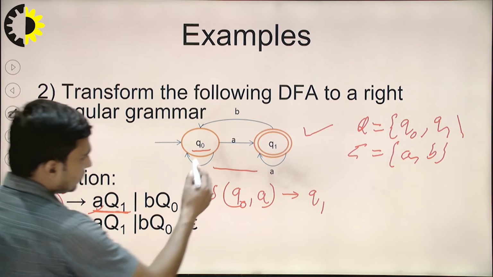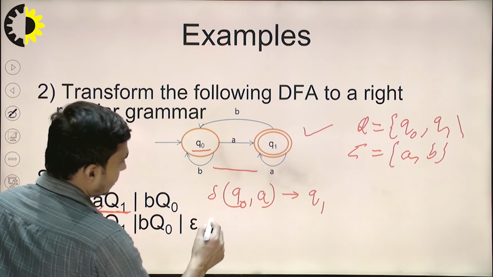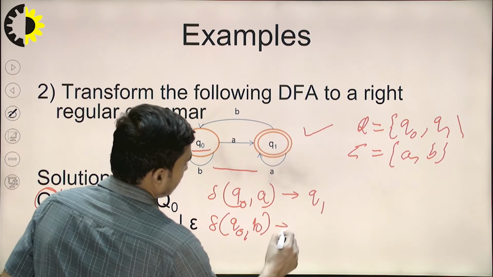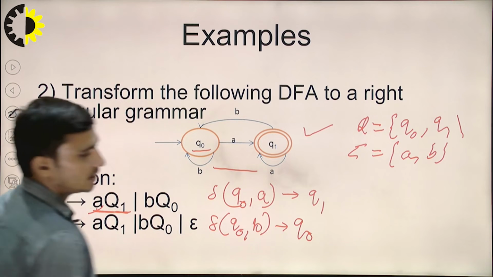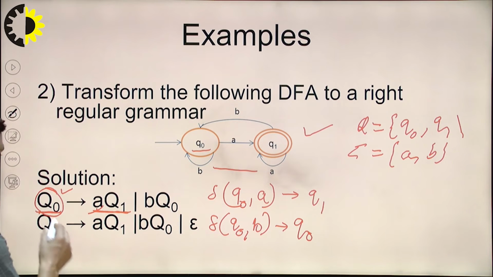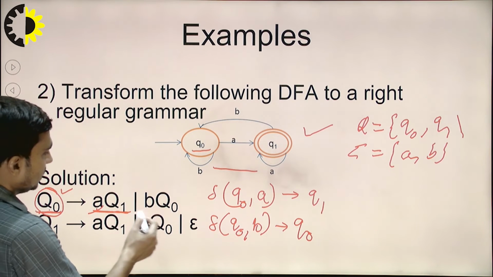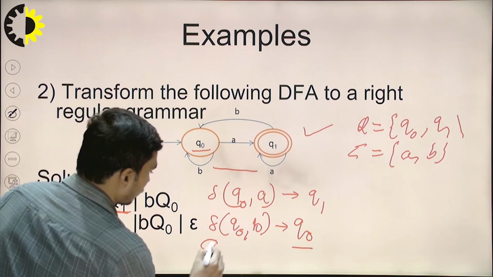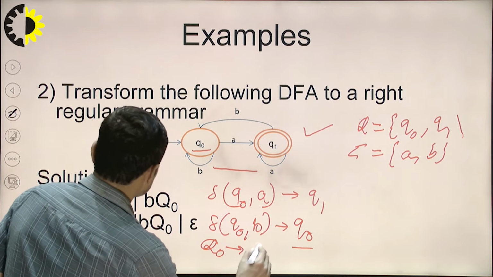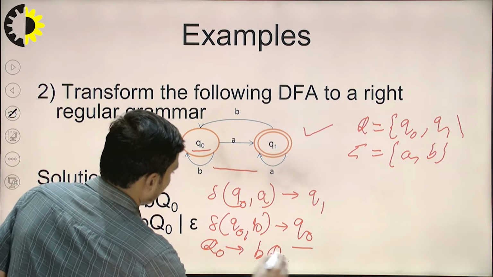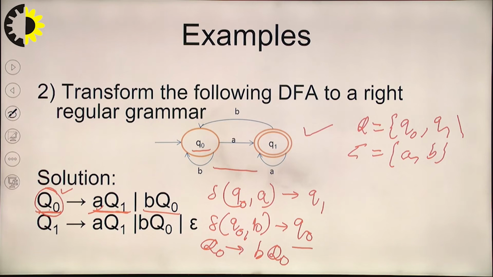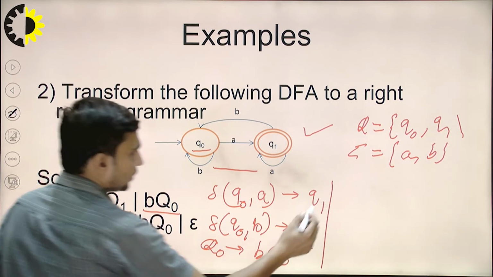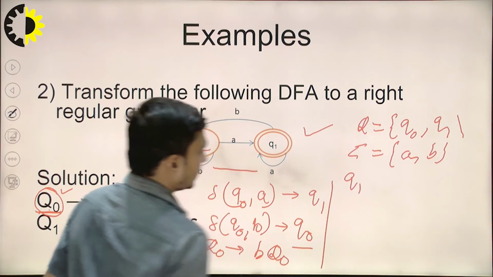The second transition on Q0 is when we read b: Q0 moves to Q0 itself. So we add the rule Q0 = bQ0. Now for Q1, we have certain transitions.